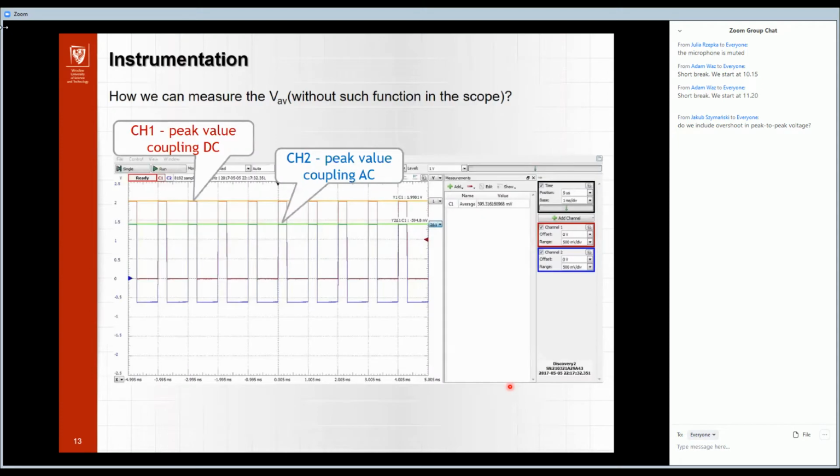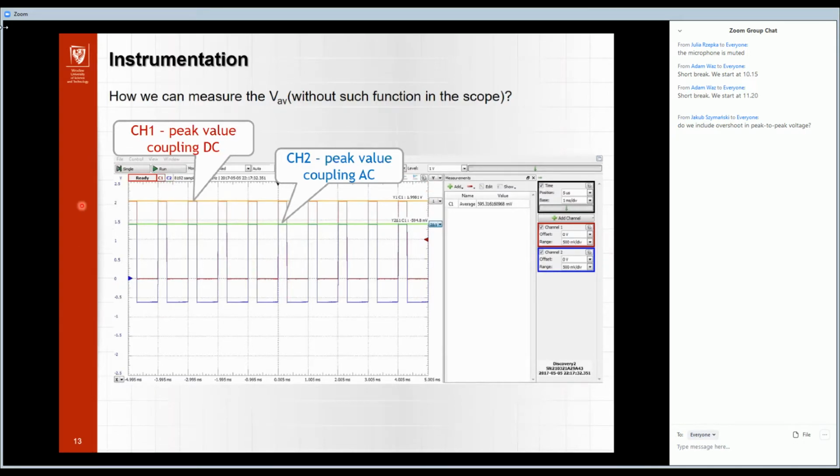Okay, and what about the circuit when we connect the signal first with DC coupling and then AC coupling.